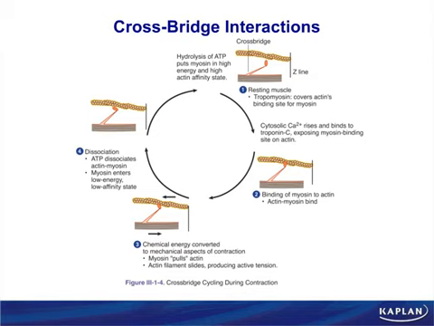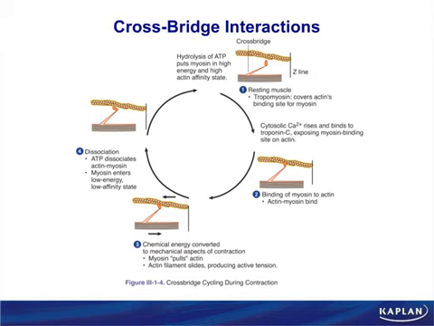Again, step 1, resting. 2, actin and myosin combine because cytosolic calcium went up. 3, we convert that chemical energy into mechanical energy. Myosin pulls the actin, that's the power stroke. Then ATP comes in and dissociates actin and myosin and puts myosin in a low energy, low affinity state.